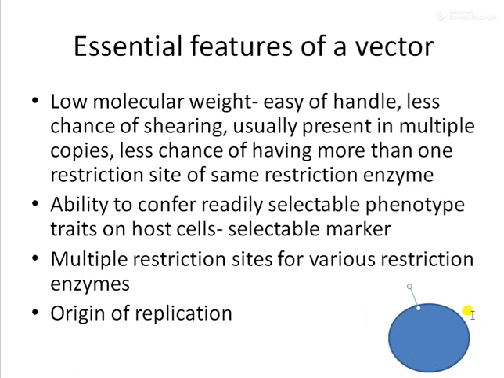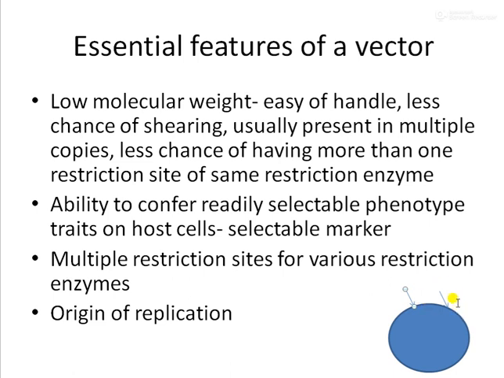Now, if I consider a BamHI site or something like that, it should be present on the vector only at one particular point, but not at two different points of the vector. If you have two EcoRI sites on the particular vector, it is not a good feature.